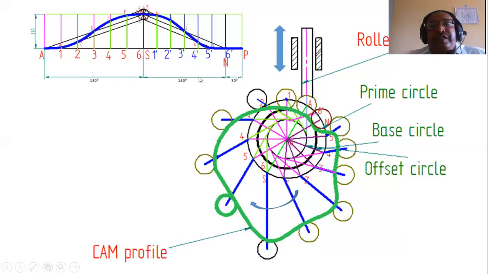SON, it is 150 degree. This SN also is divided into 6 parts. Then mark the points as 1 dash, 2 dash, 3 dash, 4 dash, 5 dash, and 6 dash.